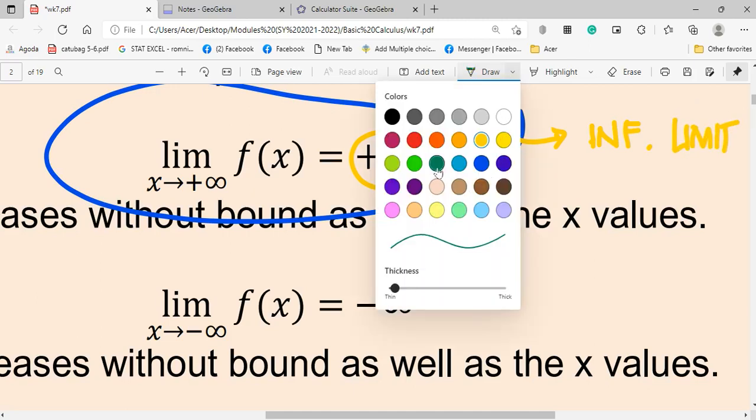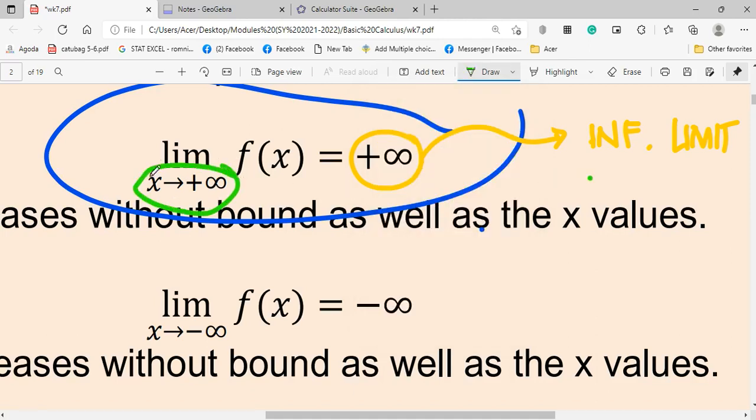Okay? Pag lumabas ang positive infinity, negative infinity ang sagot, ibig sabihin infinite limit. Pero ang tinutukoy nito class is limit at infinity. So, minsan daw, they can go together.